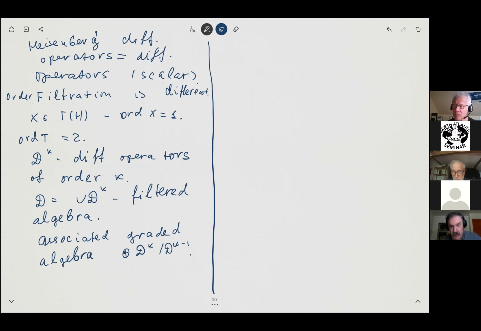So it's an algebra which controls the calculus of the principal symbols of these operators. One thing which we can notice immediately is that unlike the classical case, this algebra will be non-commutative.